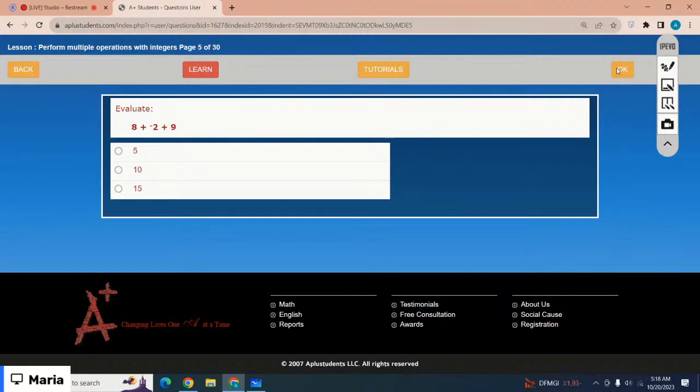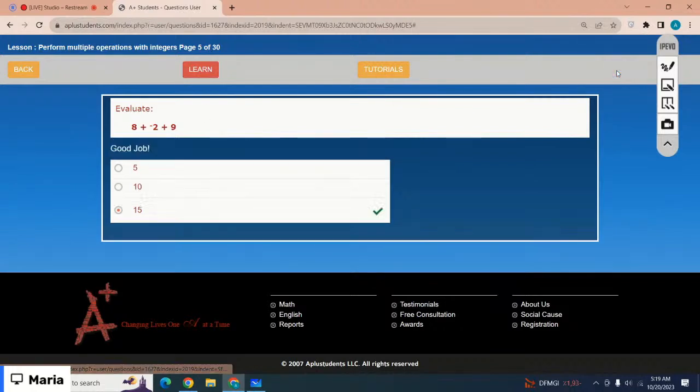For this one, it is 15. The correct option is 15, right? First of all, you have to do 8 plus negative 2. Adding a negative number is same as subtracting. So it would be 8 minus 2 plus 9. 8 minus 2 is 6 and 9 plus 6 is 15.